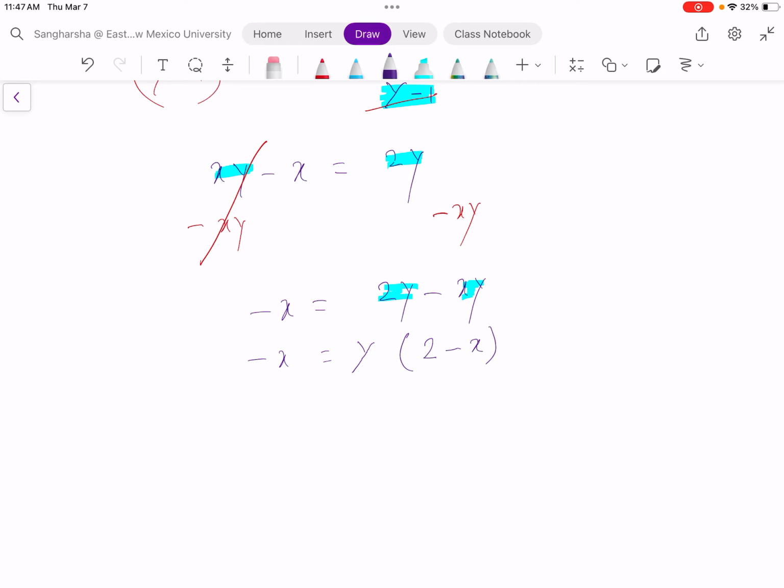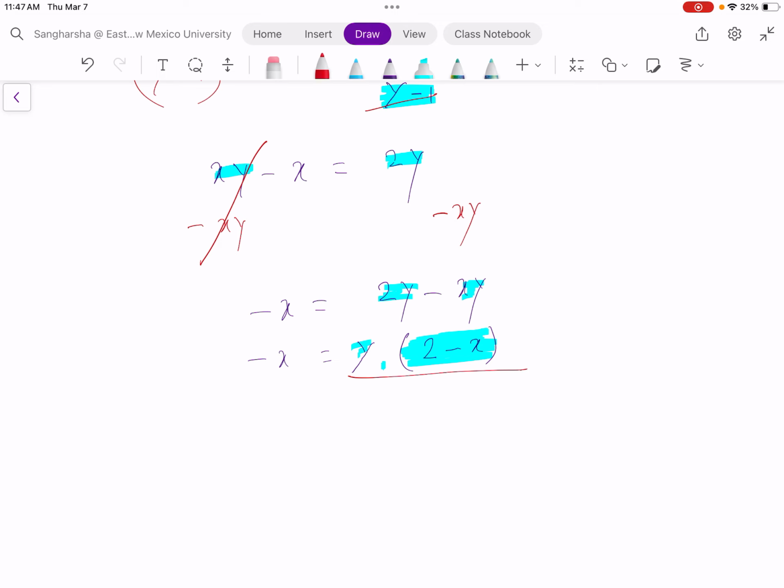Now the very last step here, we are almost done. Now we need to get rid of this 2 minus x from y. How do we get rid of this 2 minus x from y? The reason is that in between this expression and y, we have a product here. So we divide both sides by 2 minus x.